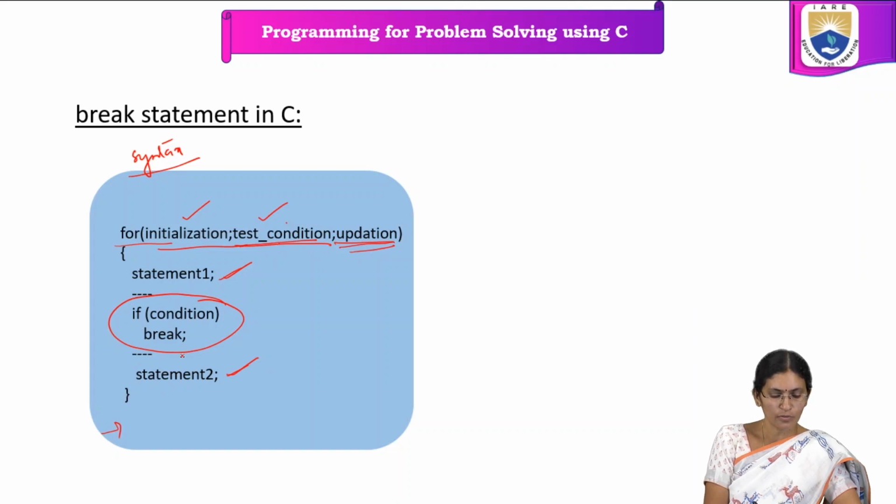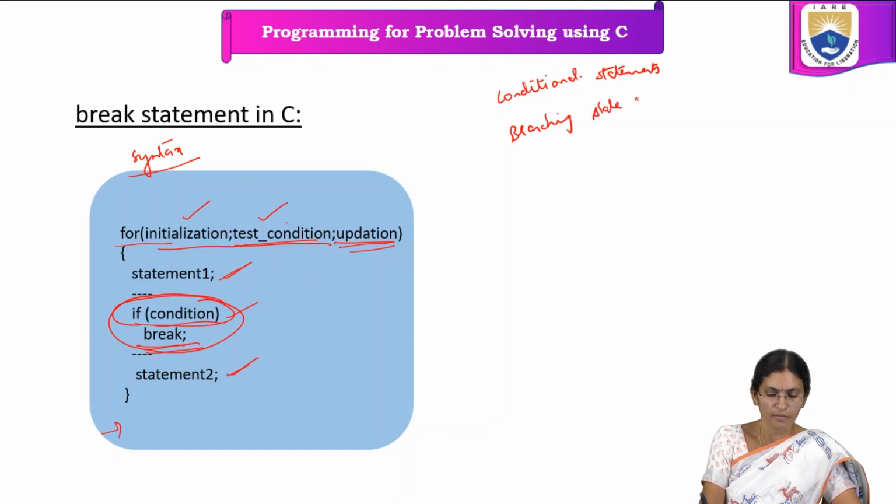In addition to the break keyword, we need to specify the if along with a condition. So we have to write conditional statements here. Conditional statements are also called branching statements, or decision making statements.